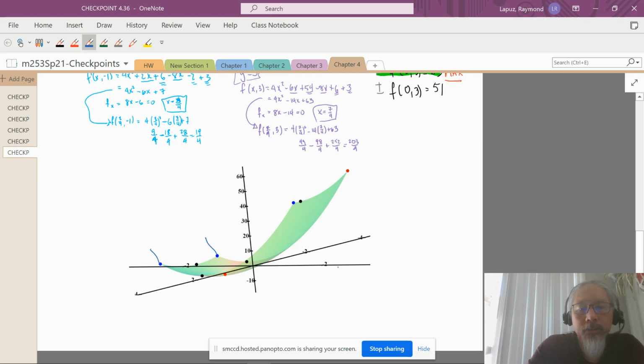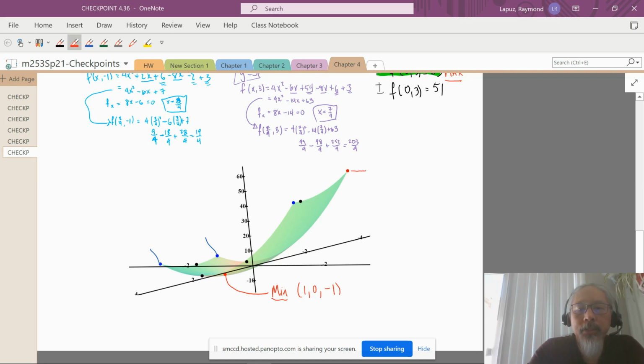It's hard to tell now because it got rotated several times, but we know that the minimum here is the critical point, and the minimum was at the point x is equal to 1, y is equal to 0, and z is equal to -1.